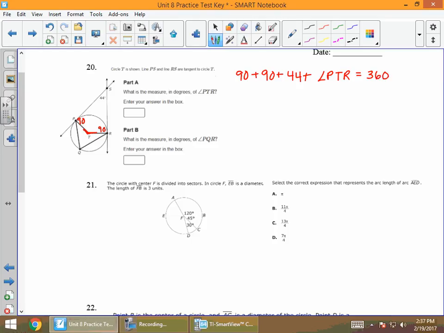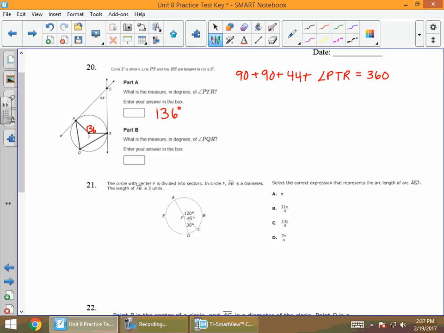So I can just do some subtraction, take 360, subtract 90, 90, and 44, and I get the measure of angle PTR to be 136 degrees. All right, so this is 136.